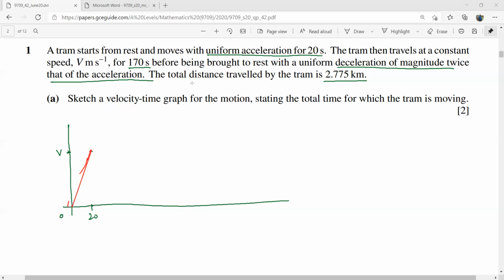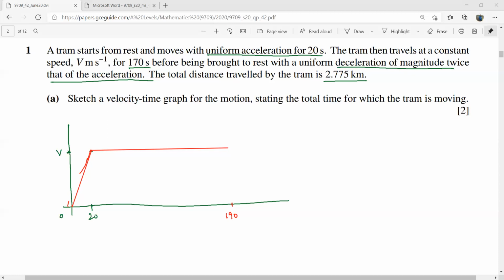And then it says it continues with this constant speed for the next 170 seconds. So 20 plus 170 is going to be 190. So this is going to go up to this for the next 170 seconds. And then it says with the uniform deceleration of magnitude twice that of the acceleration.